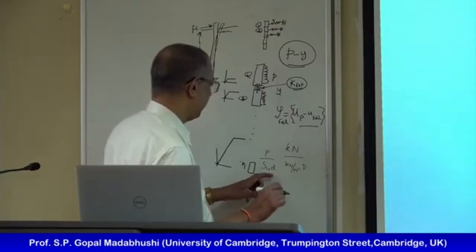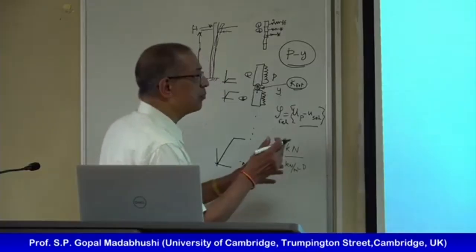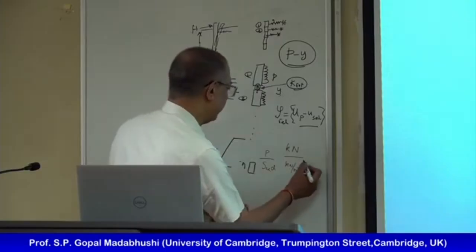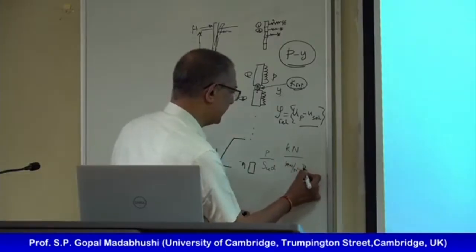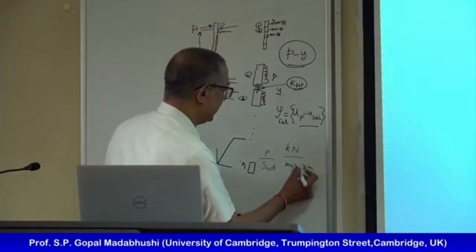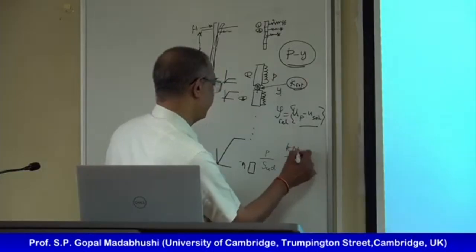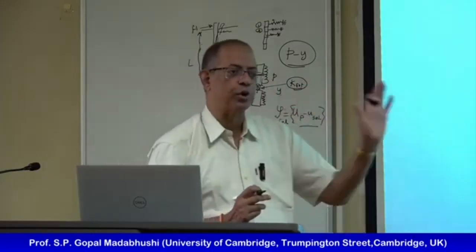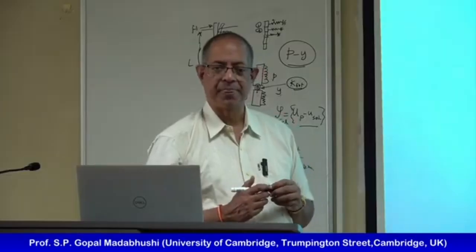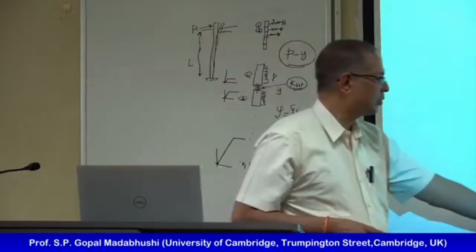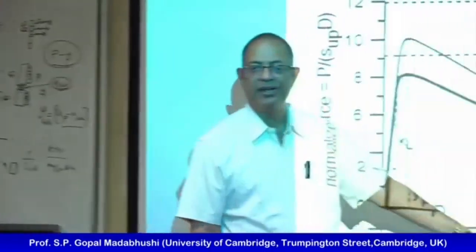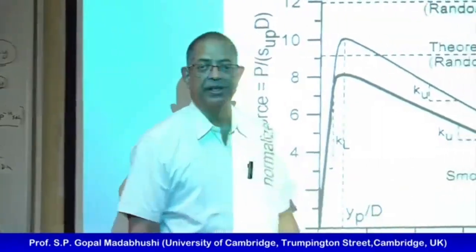Also, this is all done per meter depth of soil, right? Therefore, this cancels, this is in meters, so that cancels, and therefore I'll end up with a non-dimensional group when I'm looking at force per meter depth. And similarly, the displacement divided by the diameter of the pile will give me non-dimensional displacement.